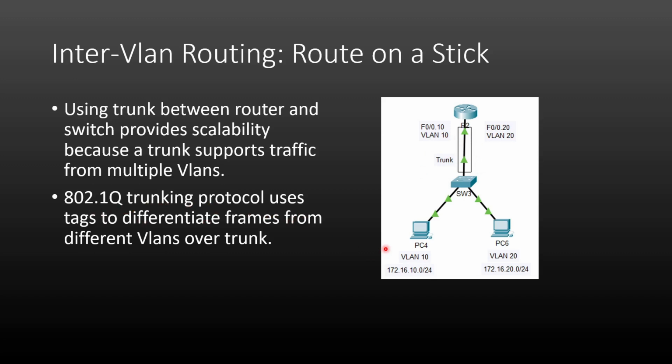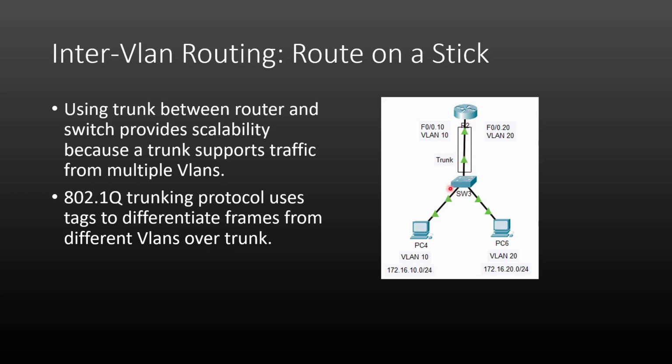This trunking protocol basically inserts a tag in the original Ethernet frame. So, for example, PC4 sends a frame to PC6. Then the frame will go up to the router through the trunk.